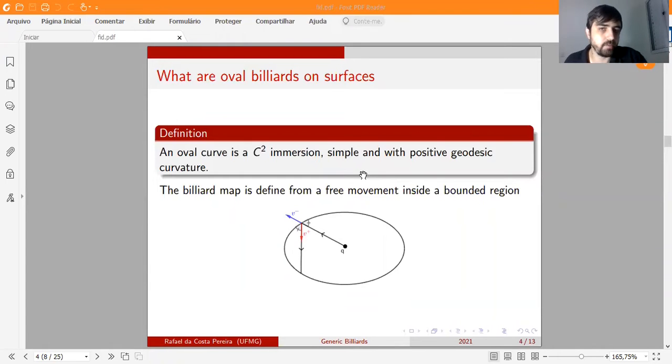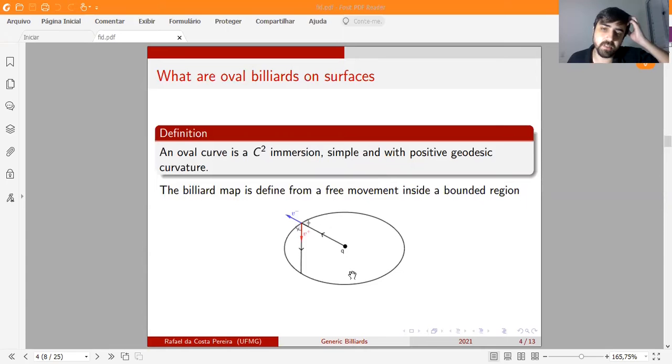So what are oval billiards on surfaces? We consider an oval curve, a C2 immersion from the circle to the surface that is simple and has positive geodesic curvature. This is needed to guarantee that our application is a twist map.